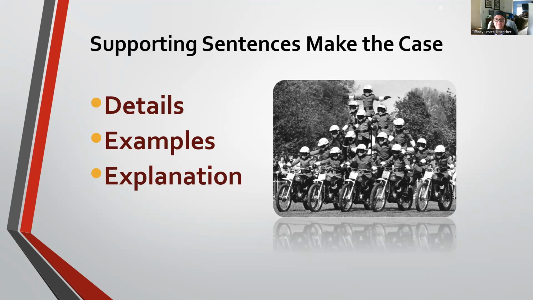So you're going to give examples of how Chick-fil-A is always clean. You're going to give examples and explain how Chick-fil-A always has good service. And you're going to give examples and explain how Chick-fil-A has delicious food, right? If you're writing something that's a little more formal, maybe the examples and explanation are going to be more academic in nature, or maybe you're going to be giving data, statistics, facts, right?